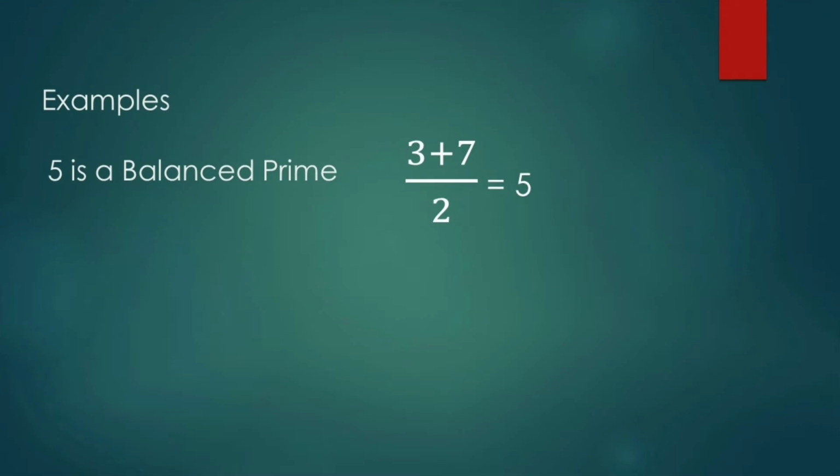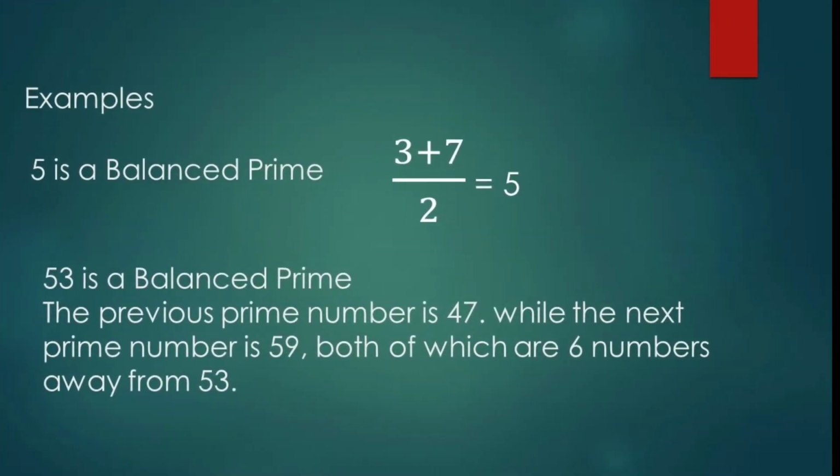Example, 5 is the first balanced prime number, as 3 plus 7 divided by 2 is equal to 5. 53 is a balanced prime. The previous prime number is 47, while the next prime number is 59, both of which are 6 numbers away from 53.